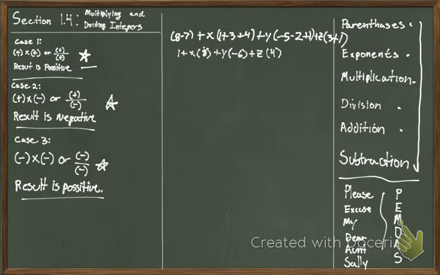So all I'm going to do is reduce my expression a little bit further just by writing it out like that. It's going to be 1 plus 8x plus minus 6y plus 4z. Well, we learned in a previous video that plus and minus together is just minus, so we'll drop our addition sign. 1 plus 8x minus 6y plus 4z.